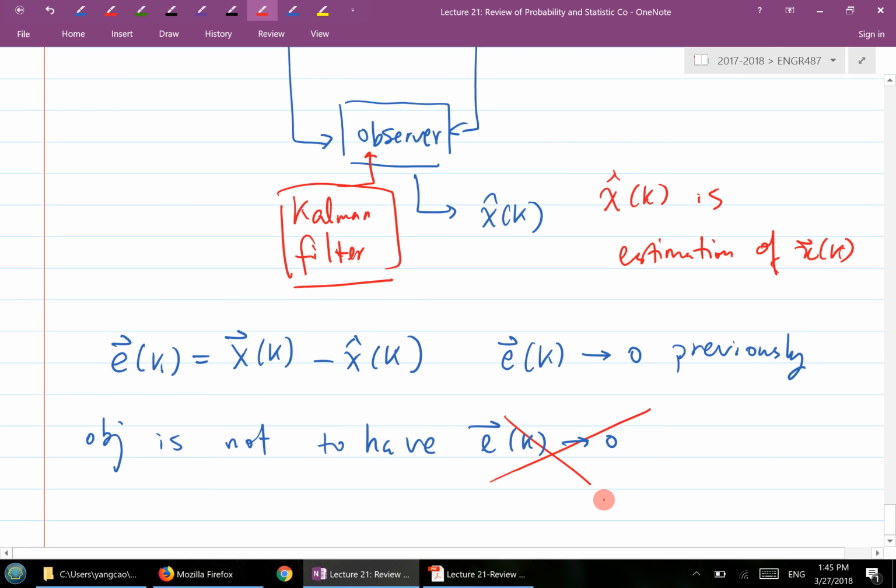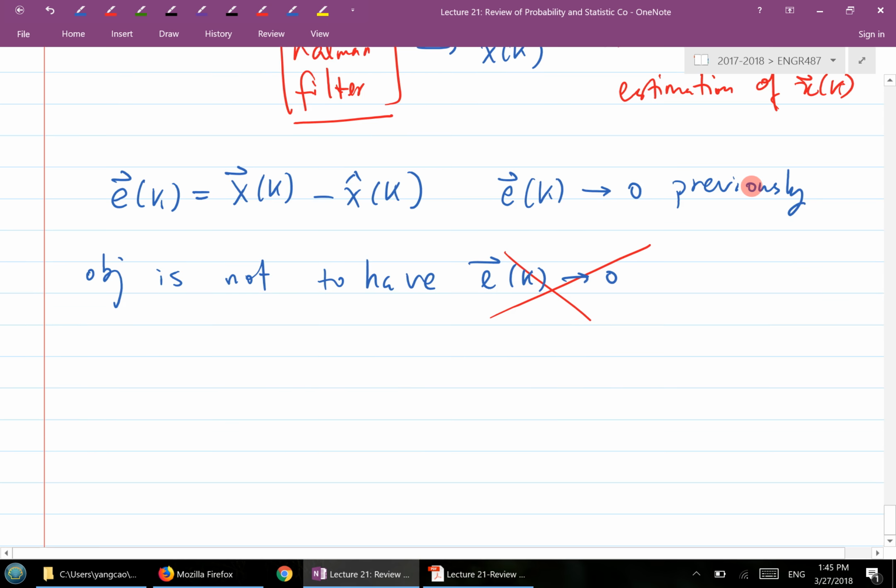This error is still the error between the estimations. So instead of having the error go to zero, let's calculate this, using k plus 1 here.